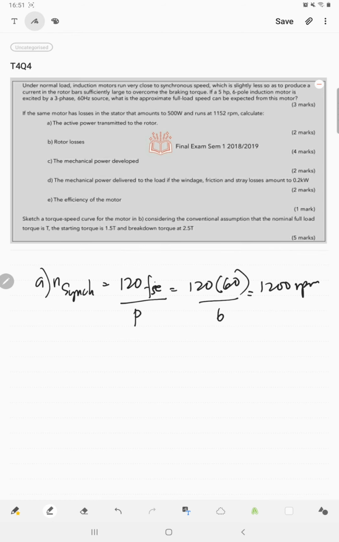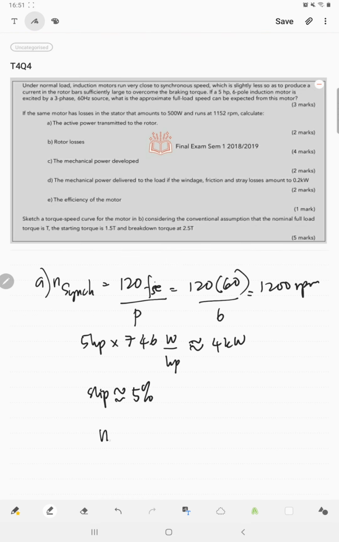If you take a look, this is a 5 horsepower motor, so 5 horsepower times 746 watt per horsepower, and we're looking approximately at a 4 kilowatt motor. Okay, so this is a small one, so the slip can be approximated at 5%.